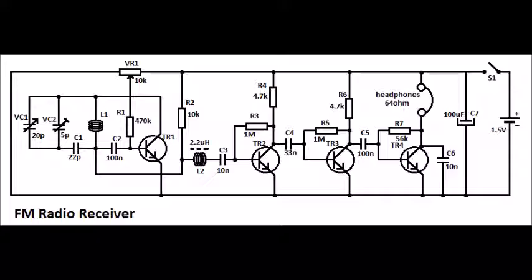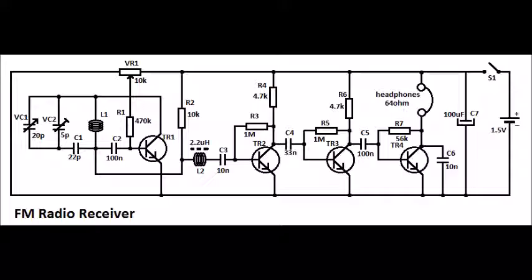C3, R3 and TR2 make up the first pair of filter and amplifier. C4, R5 and TR3 the same way make up the second filter, and C5, R7 and TR4 the third filter.